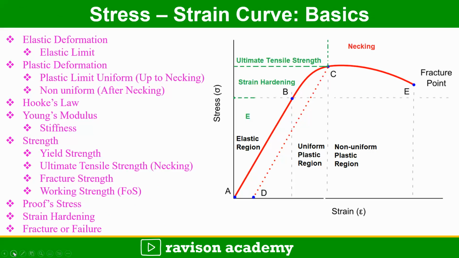So from the stress strain curve, we can find out the elastic limit and the plastic limit. We can see the Hooke's law justification, and we can find out the Young's modulus, and the different strengths like yield strength, ultimate tensile strength, fracture strength, working strength, proof stress, and strain hardening, and finally the fracture or failure point.